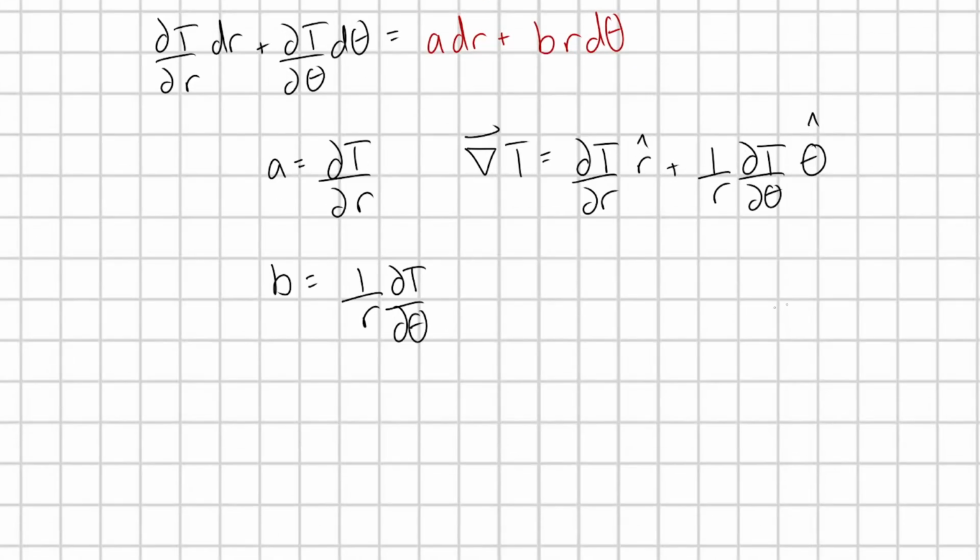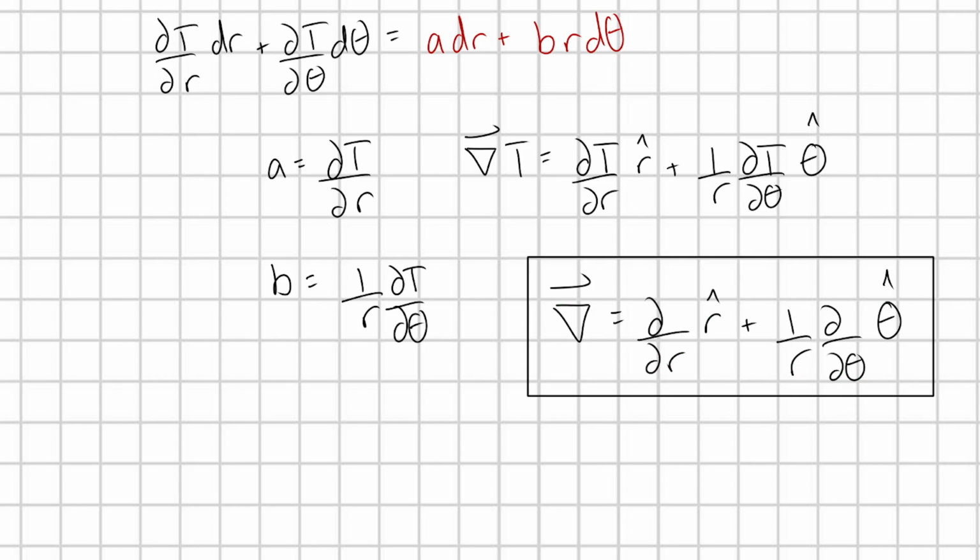Making this even more clear, let's pull just the Nabla part out. This is kind of our gem that we've been looking for. So forget the T, and we're left with partial partial r r hat plus 1 over r partial partial theta theta hat. And there we go.